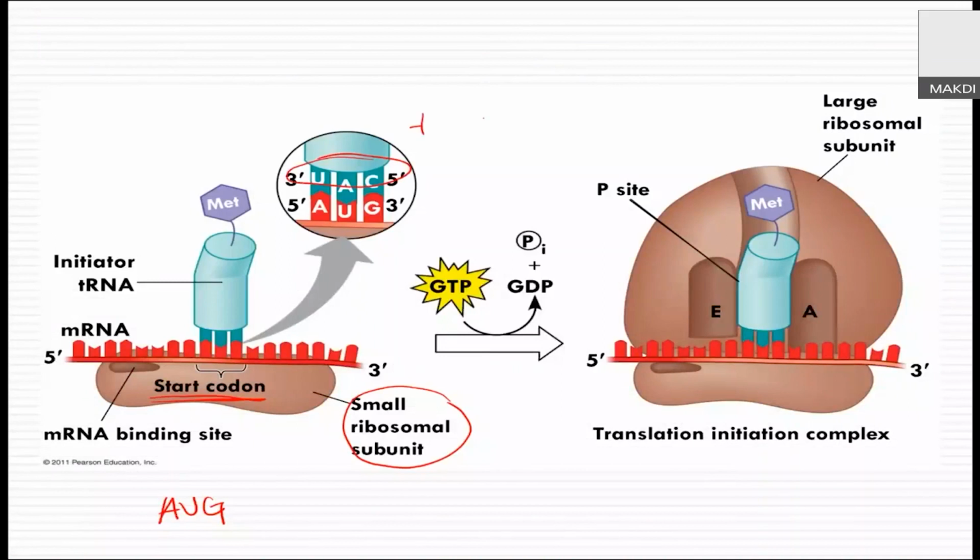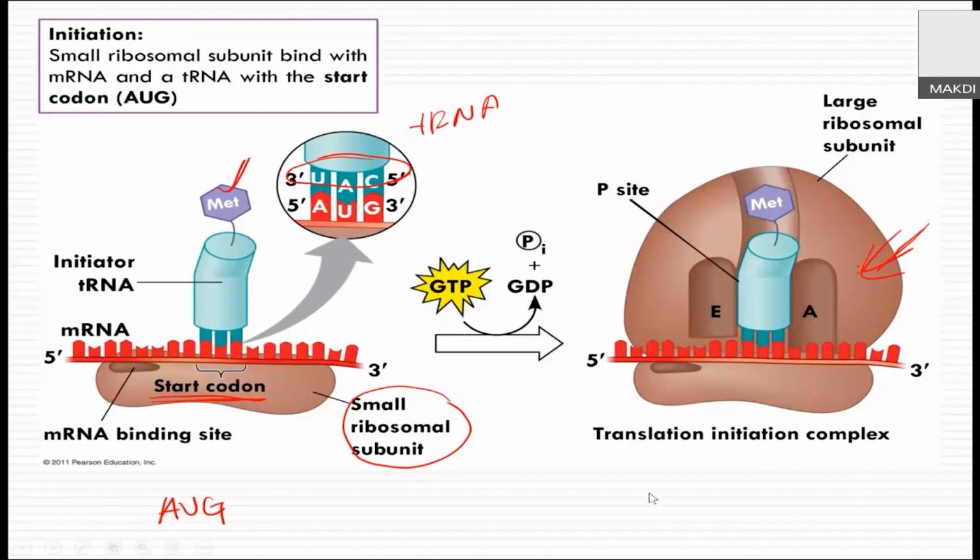Antikodon di tRNA yang ada antikodon UAC. Di UAC dia methionine. Ya, nanti kamu refer balik sama kan, the codon table tadi. Okay. Bila dia sudah jumpa start codon, the large ribosomal subunit akan datang bind. So this is the initiation stage.